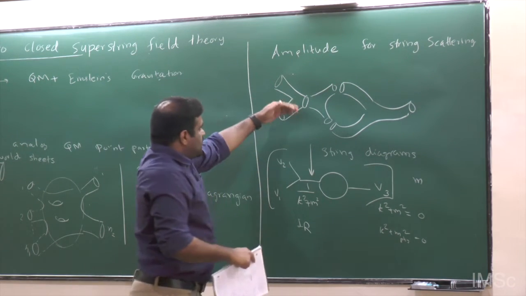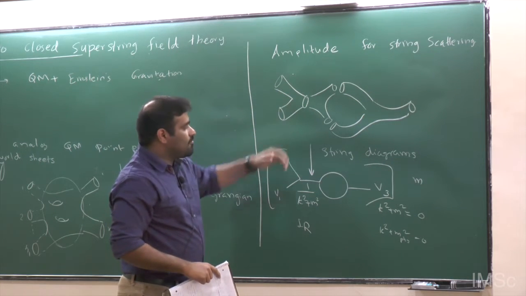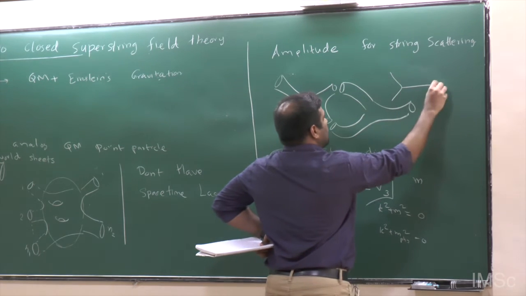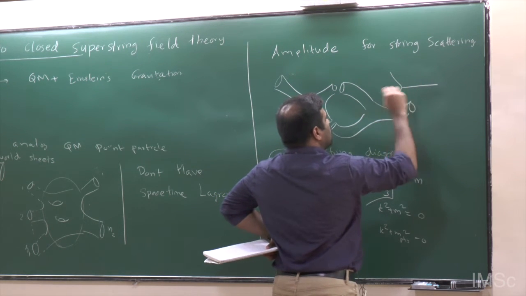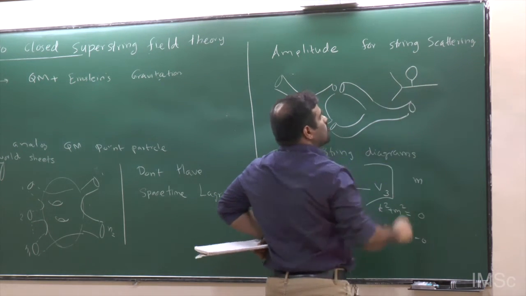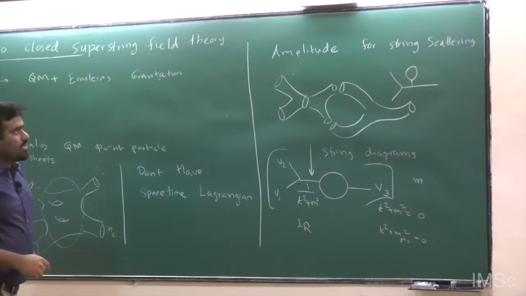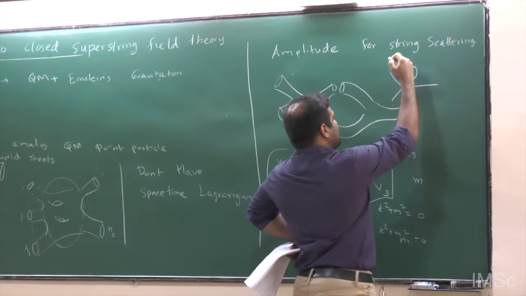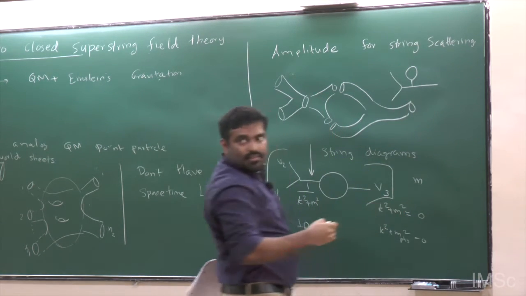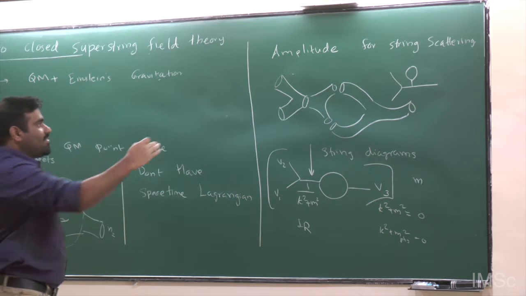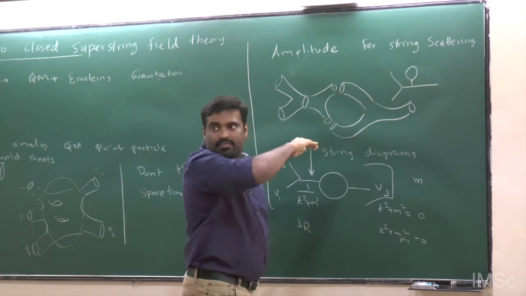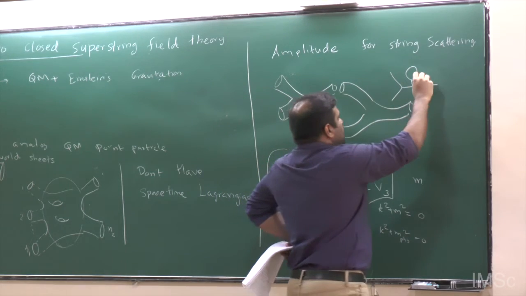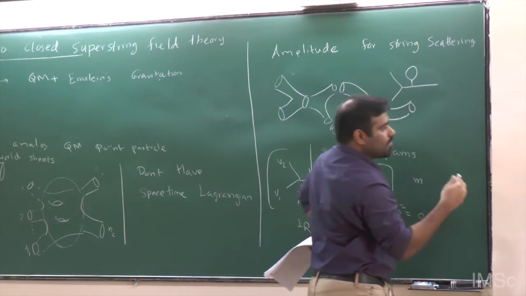You can take the same string diagram and look into another field theory limit, where you have a diagram like this. This is the tadpole contribution. You have a state propagating along a direction, and then it just comes back. It doesn't look physical, but you can have such a diagram, and this diagram again has a difficulty.